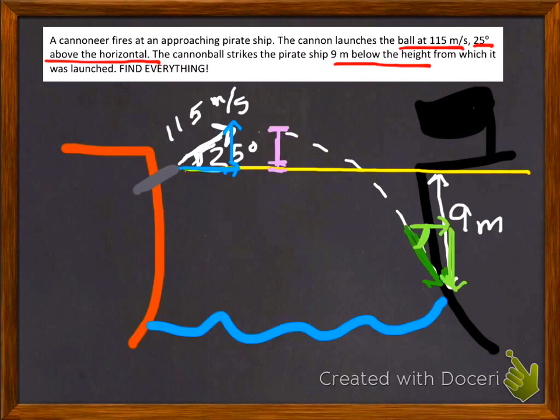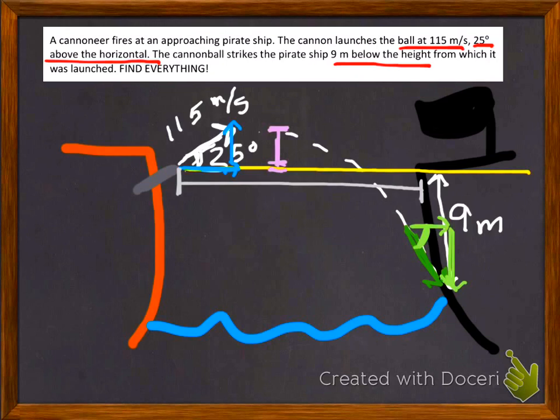Probably the most important thing that we can get from doing all this work is the horizontal distance covered, the range. So how far apart were those ships? So this gray line will represent the range, and that's the big piece that we want to find, especially for this lab that we have coming up.